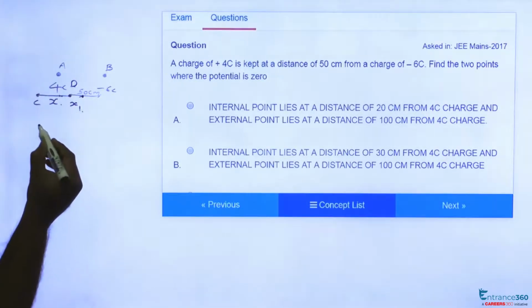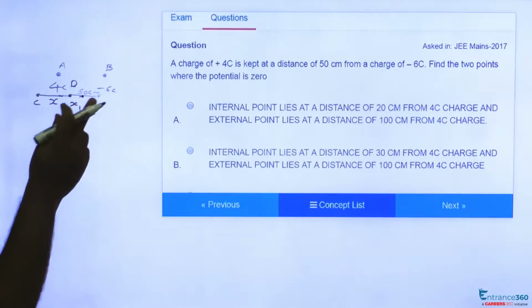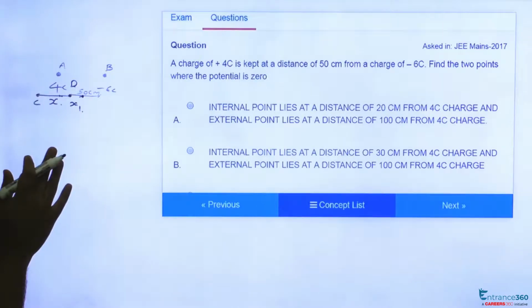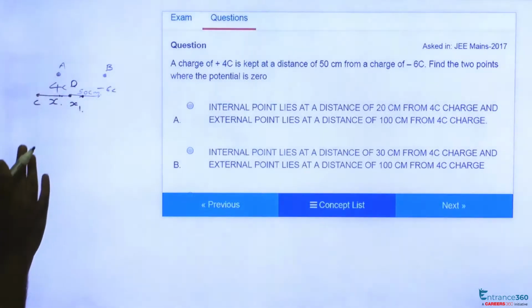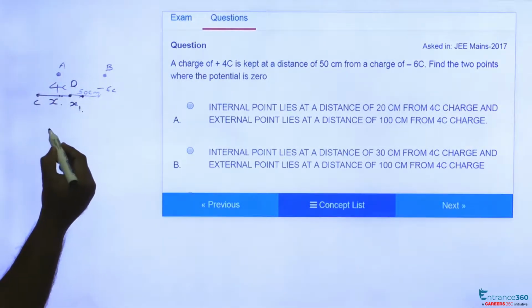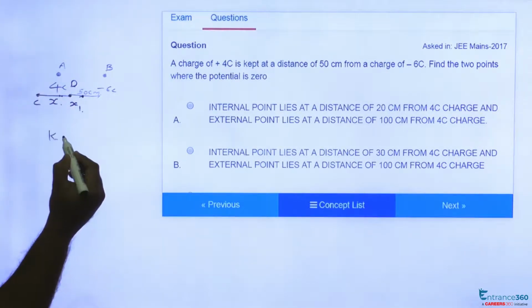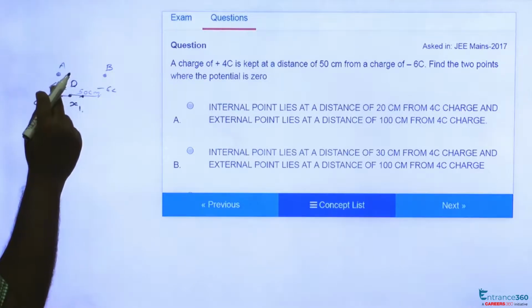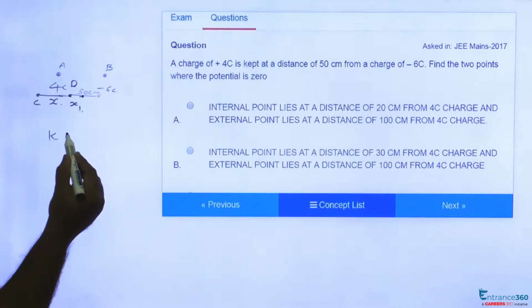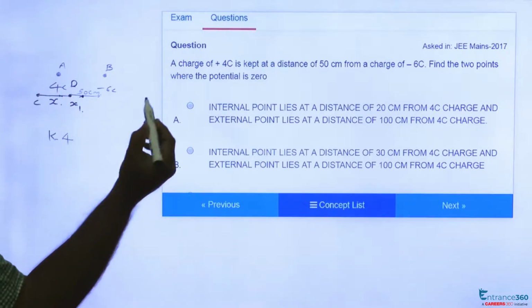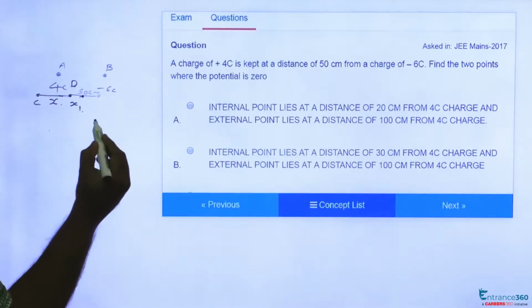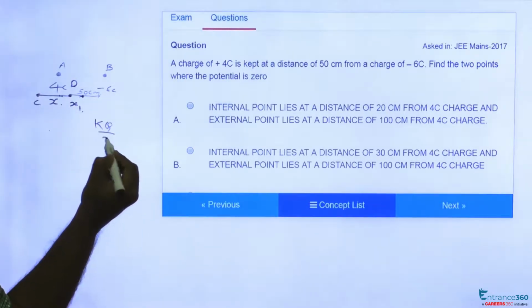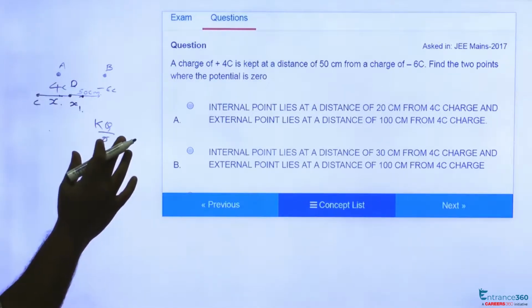So now at point C, potential due to these two charges will be 0. Sum of potential due to these two charges will be 0. First consider due to 4 coulomb. Usually potential you can write as K Q by R, where R is the distance.